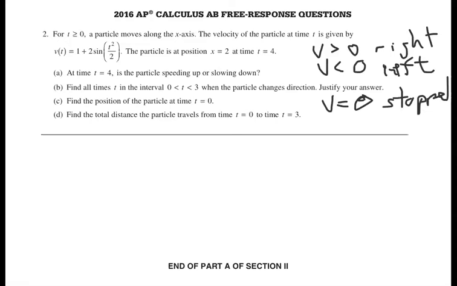So what I need to do is find out when this particle stops. So I want to know when v of t equals 0. We have this y1 in our calculator, and you want to graph it from 0 to 3 because it says 0 to 3 up there.